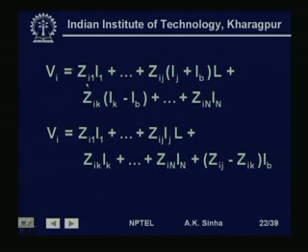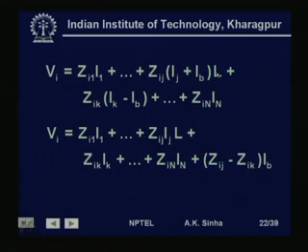So we can now write the expression for any voltage Vi for this system as Zi1 I1 plus up to Zij. Now for bus J, what is the current injection? This is Ij plus Ib. I am sorry, this should be dot dot dot, this L is not there.